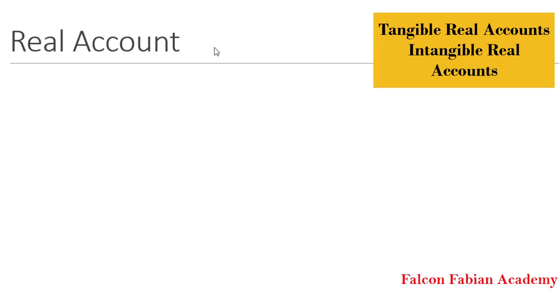Tangible assets are the resources of the business which would be used to generate revenue. But the word tangible means that these resources can be seen and touched. But when we go to intangible real account, then intangible real account are the assets that they are assets, but you cannot really see them or touch them.